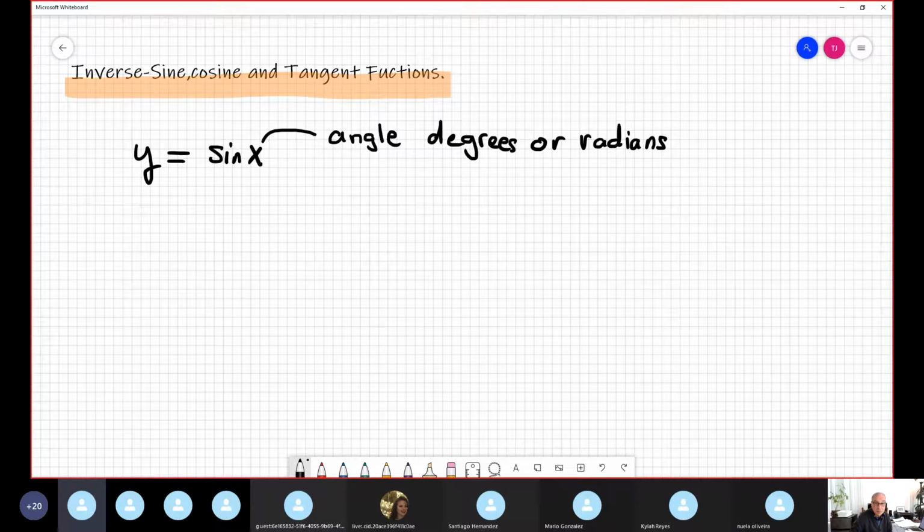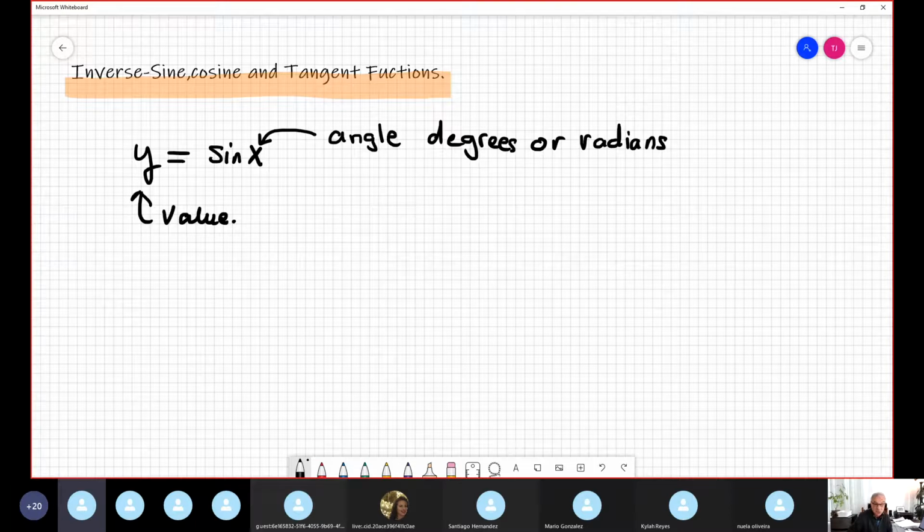When you plug in this angle and compute the sine, y gives you one value. Sine is between -1 and +1, and cosine is similar, but tangent is from -infinity to +infinity. This is the idea that we studied in chapter 1.